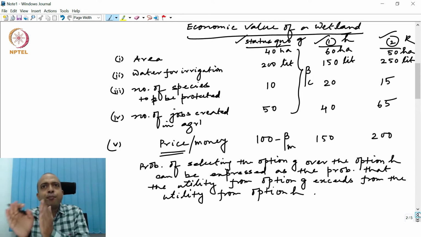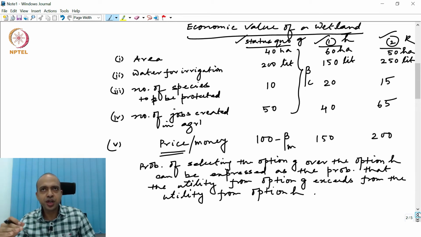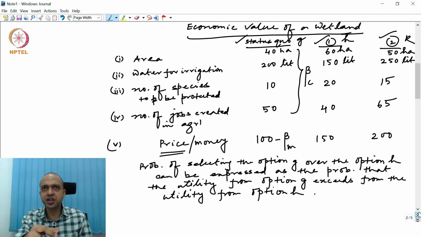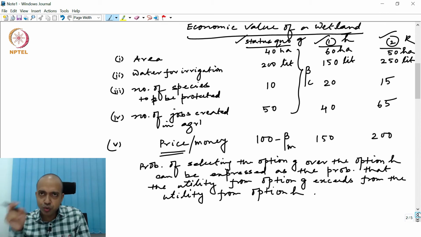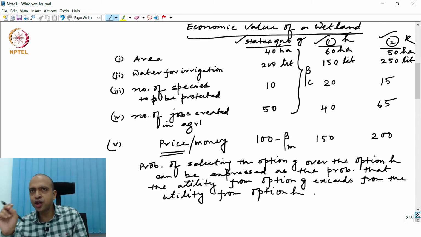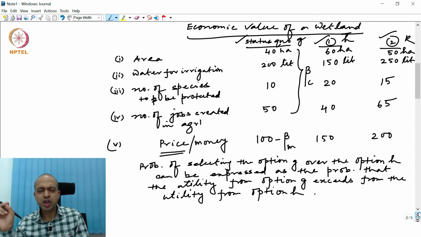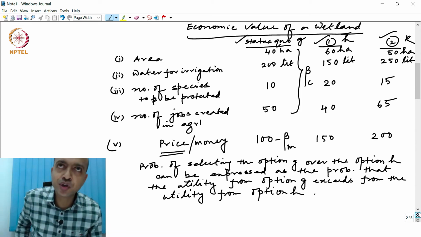So creation of market in choice experiment is much more convincing than in contingent valuation method. That way, we can say the severity of hypothetical bias is much lower in choice experiment as compared to the contingent valuation method.